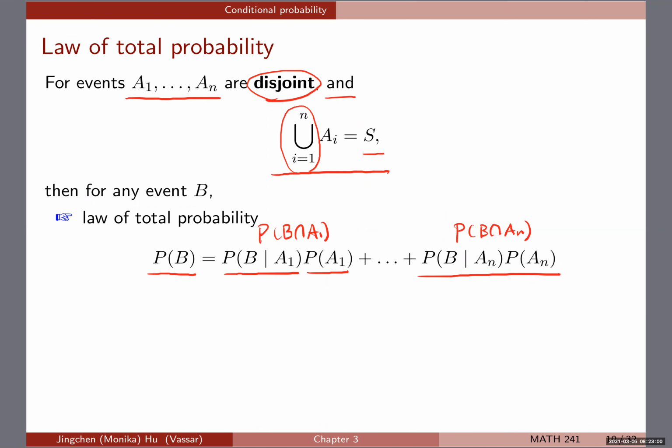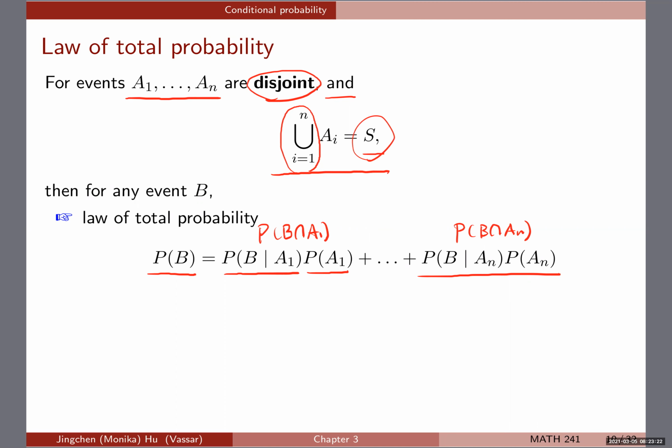And what we're doing here is that we're breaking the marginal probability of B into n different pieces, where each piece is the intersection of B with a particular AI, from the definition that we defined earlier about the disjoint events as well as exhausting the entire sample space.